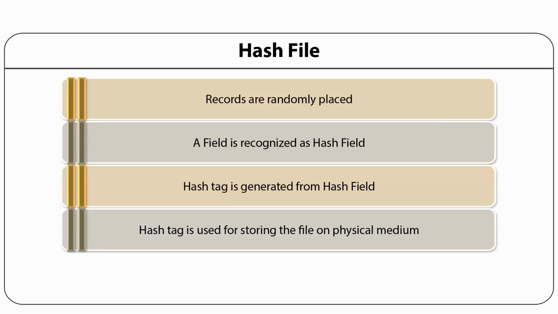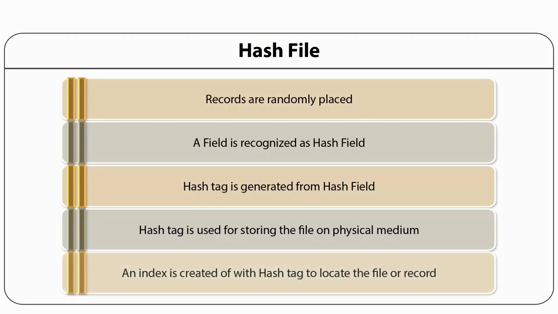The hash tag is used for storing the files on the physical medium. This calculated hash tag is used as the address for the file to be stored, so the hash tag is the address of the file on the storage medium where it is stored.